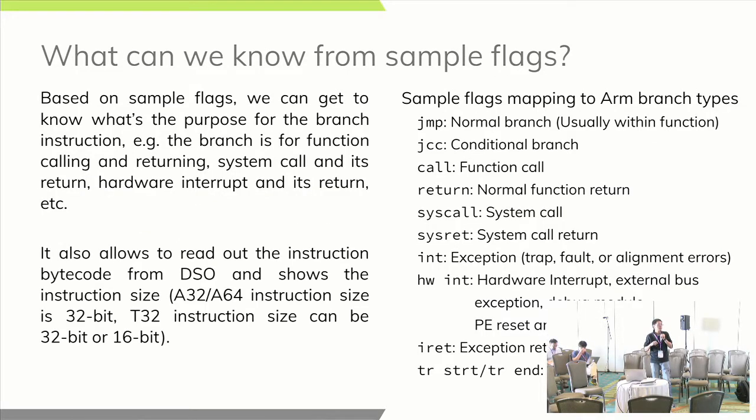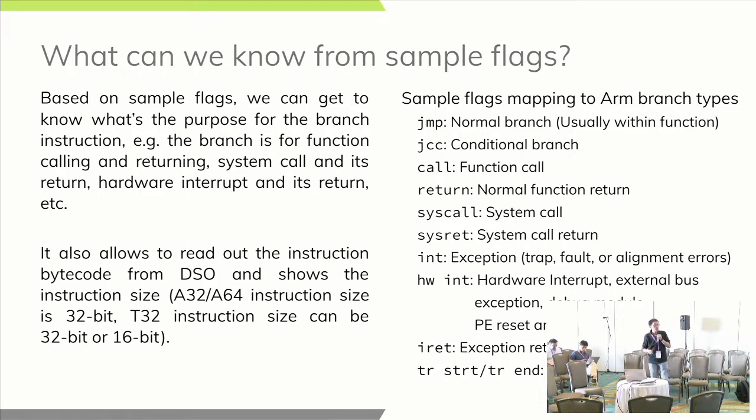So what can we learn from the sample flags? Based on the sample flags, we can know what type of branch it is, for example, a function call or return, a system call, or an interrupt, etcetera.